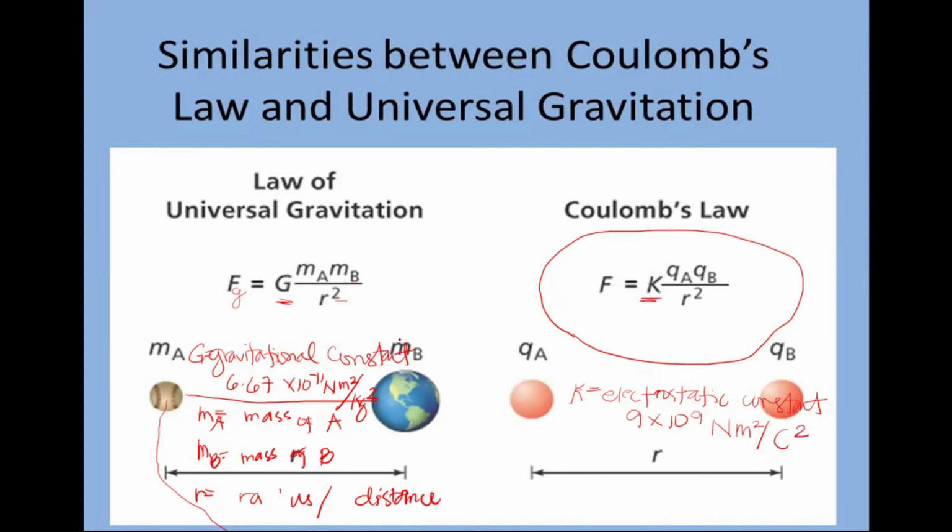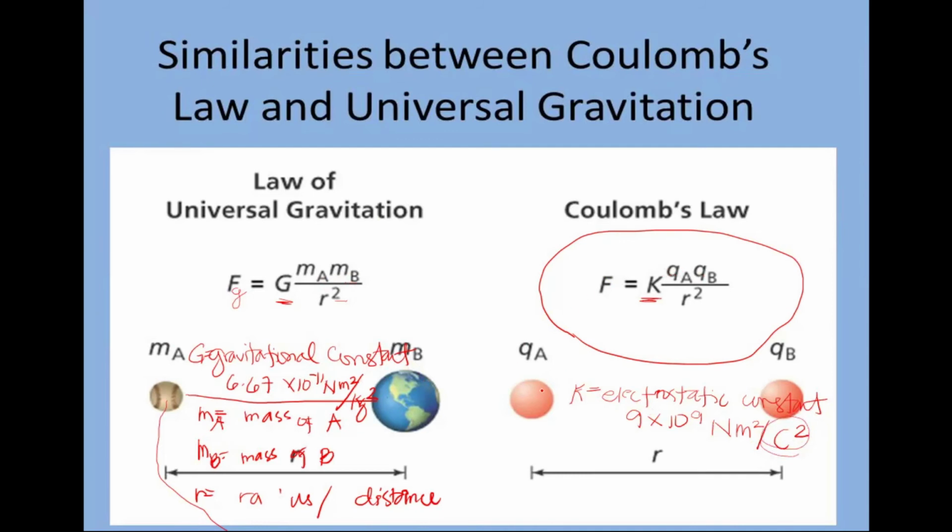If we compare these constant values, they are the same in having Newton meter squared. The difference is that for the law of universal gravitation, we have kilogram squared since it is mass, but for Coulomb's law, this is coulomb squared since coulomb is the unit for charges.